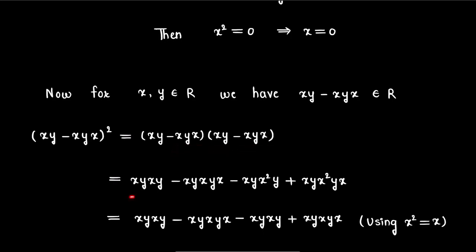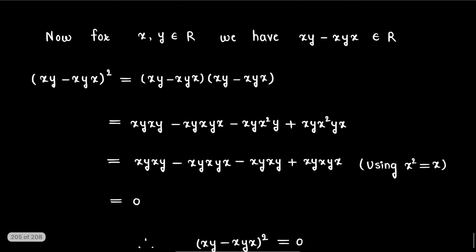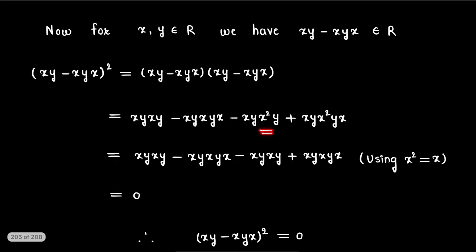We get xy xy minus xy xyx minus xy x square y plus xy x square yx. Now in the next step, this x square will be x and this x square will be x, since x is an element of ring R.